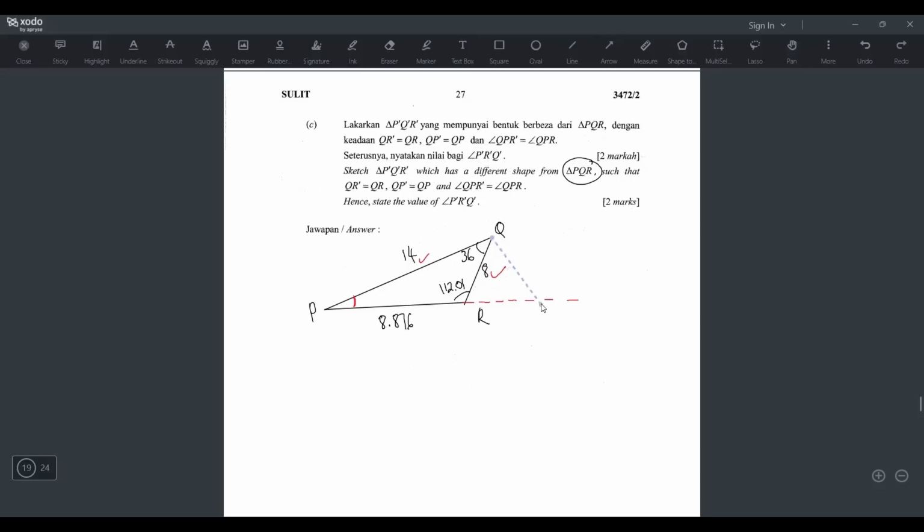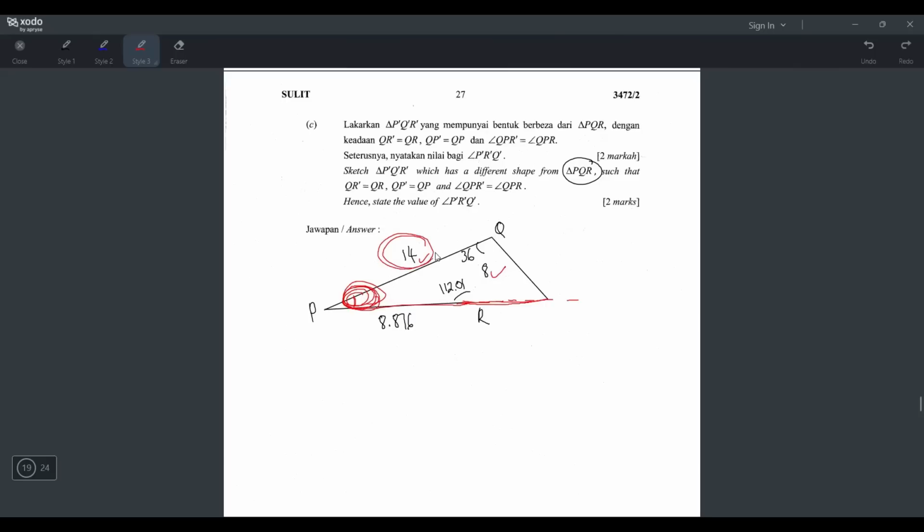Okay? Because the moment you reach here, then you tarik the line, this angle will not get affected, right? Yeah, because you are just extending the line, so this angle is not affected, and this panjang also is not affected, and the 8 cm also is still not affected. So we follow all the three conditions. So this is the correct answer.